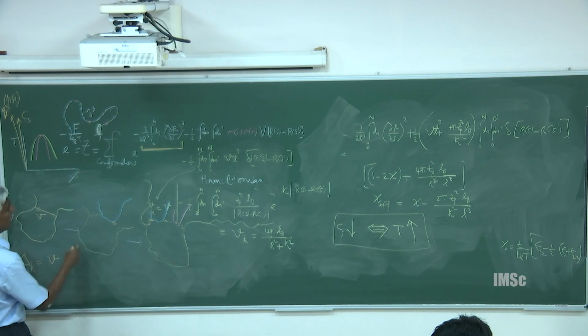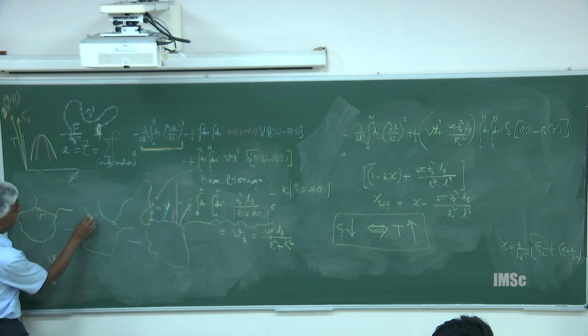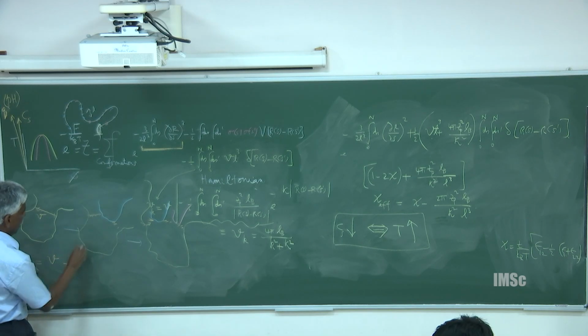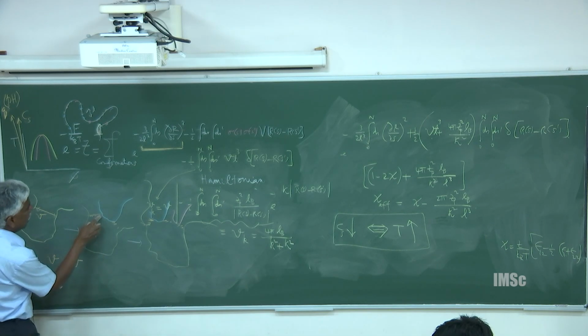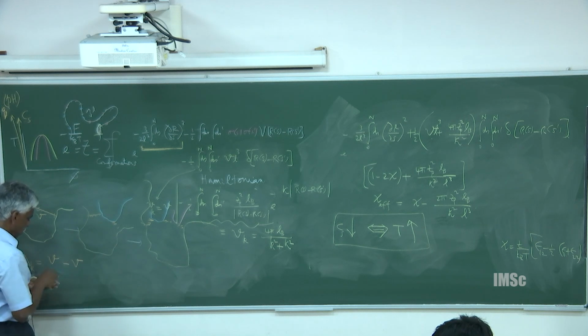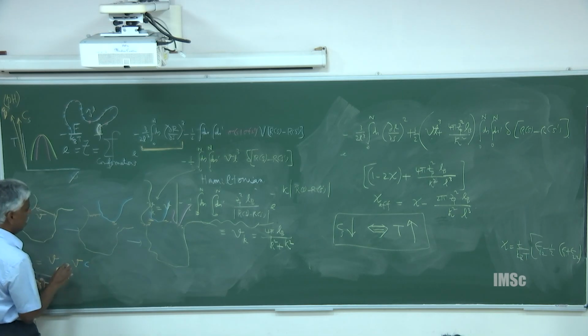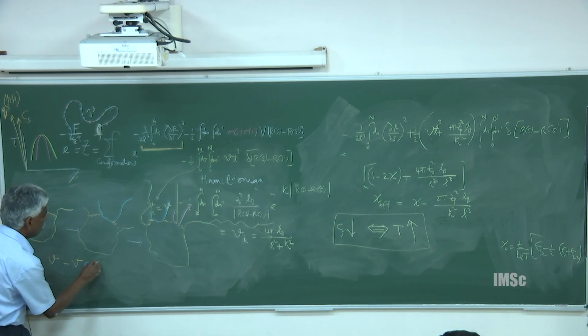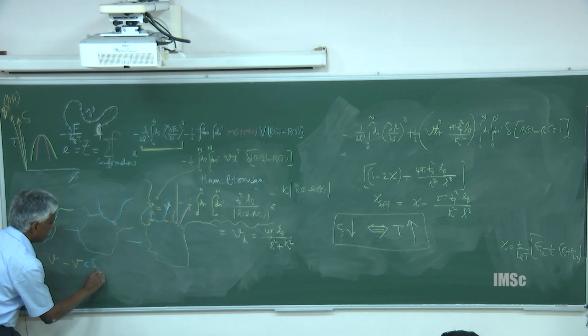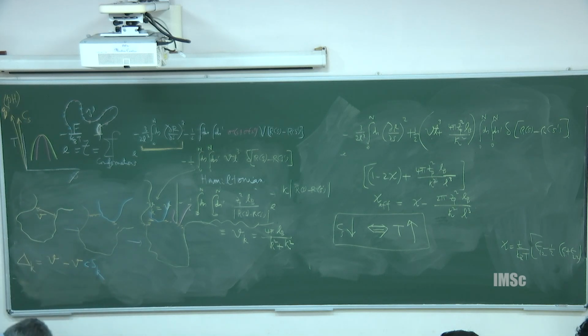When you expand this, there is a negative sign. The next term will go like V, and then a correlation between two monomers, and the chance that I am going to get the blue chain is some concentration C, and let me write this as S of k.